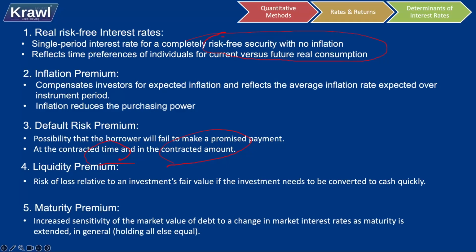And finally, we speak about maturity premium. Maturity premium refers to the increased sensitivity of the market value of debt to a change in market interest rate as maturity is extended. So what happens is maturity premium is a situation where the economic conditions during the period of lending change. So if, for instance, during the period the interest rates are expected to strengthen, or during the period the interest rates are expected to weaken.